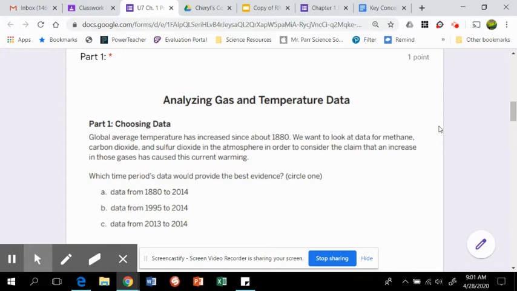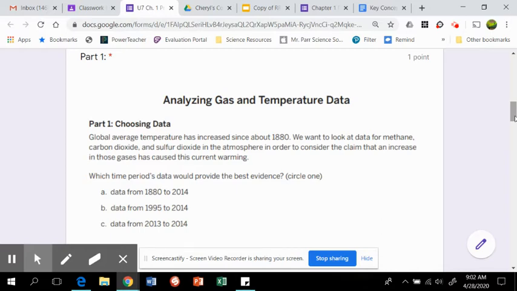Okay? So for those of you that benefit from reading, analyzing gas and temperature data is part 1 here. Choosing data. Global average temperature has increased since about 1880. We want to look at data for methane, carbon dioxide, and sulfur dioxide in the atmosphere in order to consider the claim that an increase in those gases has caused this current warming.